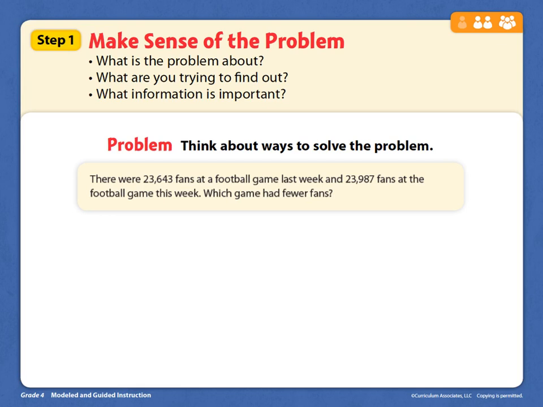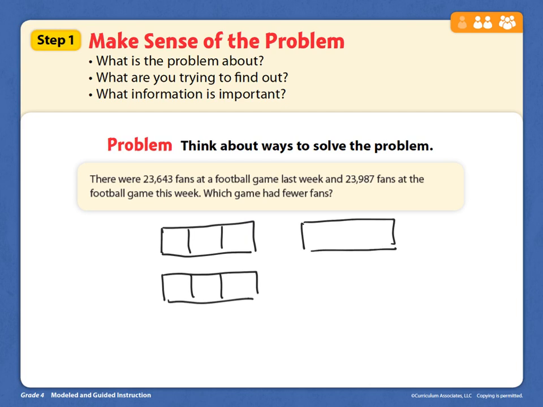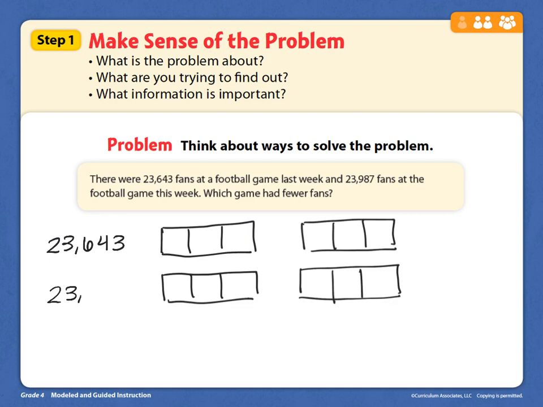When I look at this problem, I'm going to go ahead and start by making my charts. I had 23,643 last week, 23,987 fans this week. I have my ones place, my tens place, hundreds, thousands, 10,000s, 100,000s.